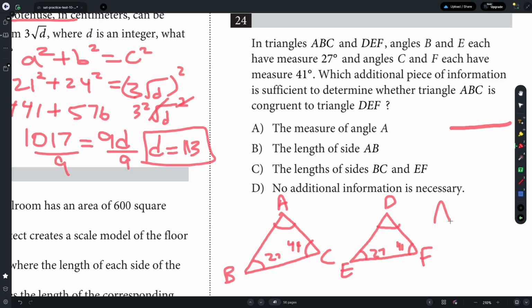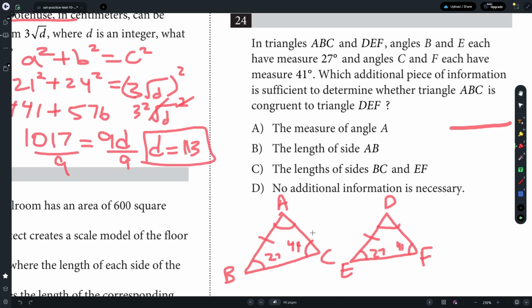So it would be an AAA proof, and that is actually invalid. This does not work to prove that triangles are congruent. It works to prove that triangles are similar, but not congruent, because triangles could have the same angle measures but different side lengths, right?